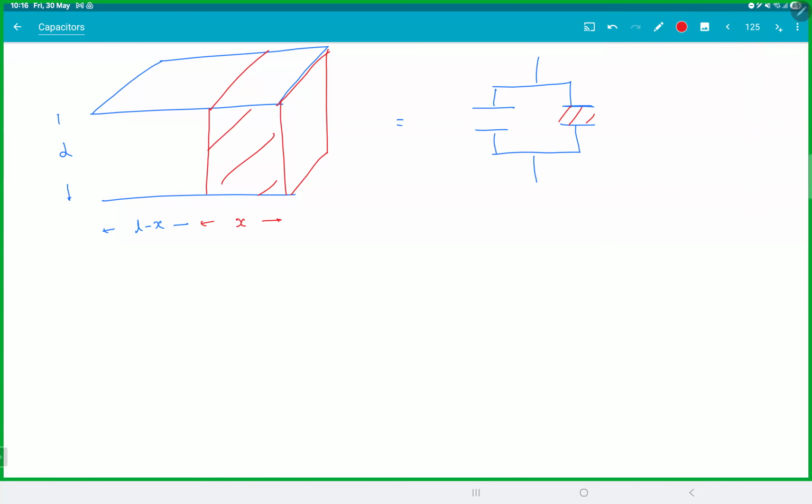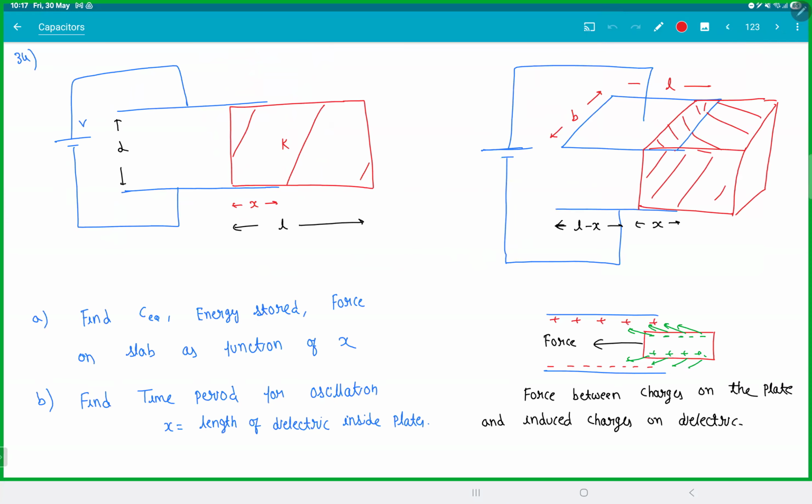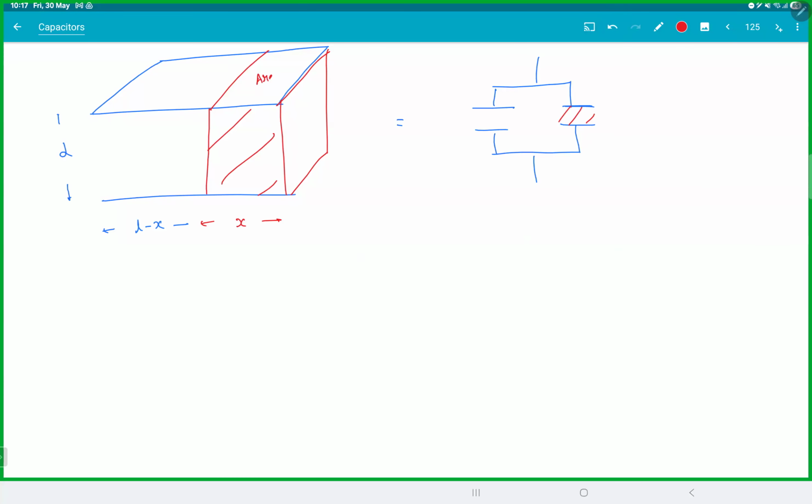This area was b into x, and this area was b into L minus x. So this will be area b x, K epsilon by distance d. This guy is b into L minus x, epsilon by d. Both are in parallel, so C equivalent will be, add them up, b epsilon by d, L minus x plus K x.